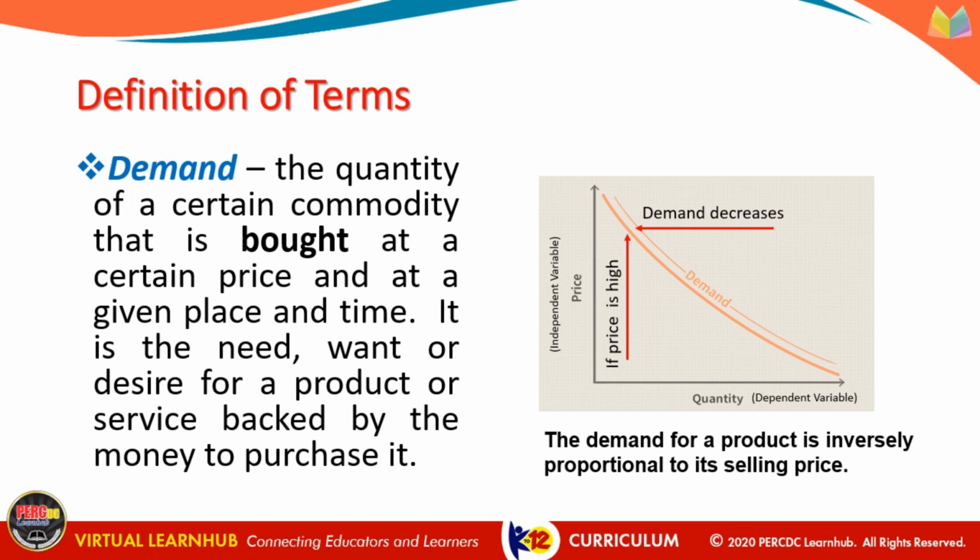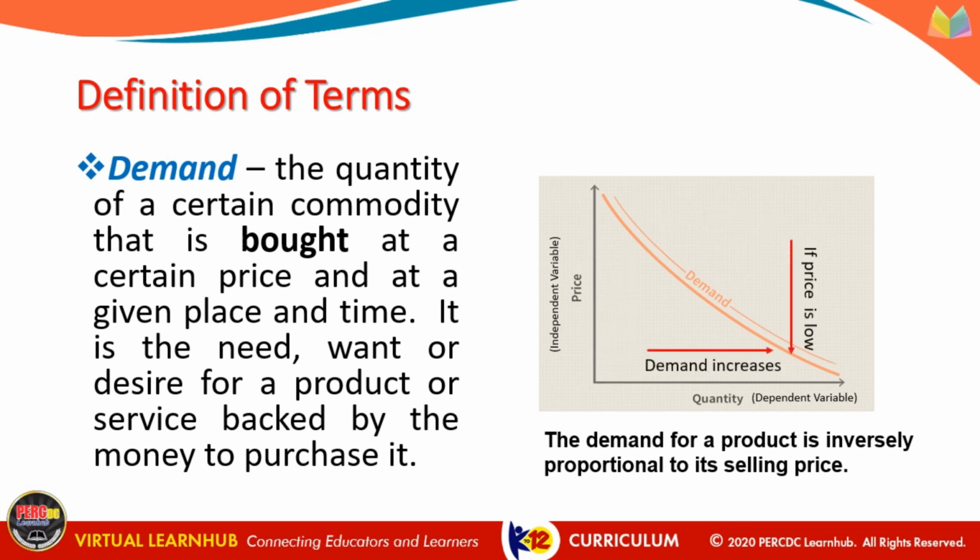That is because people want to get more from their money. If the price is too expensive, there will be less people who will be willing to purchase that product or avail of that service. And if price is low, demand increases. We can observe this in malls. We can observe that there are relatively more people in malls if they are on sale, right?